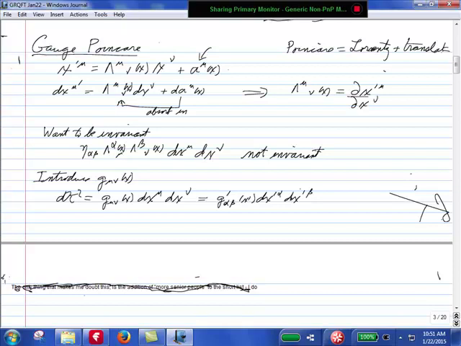And here we get the variation of the square root of minus g is minus 1 over the square root of minus g, from varying the square root part, times 1/2. Some still from the square root, and then the M^-1 delta M is g_mu nu lower delta g^mu nu upper.